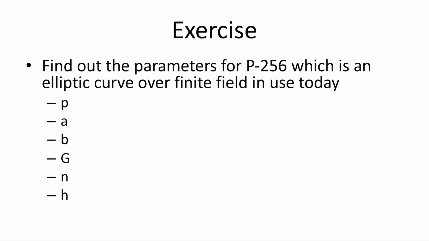So pause here and use Google to find the following parameters for P-256, which is an elliptic curve over a finite field in use today. It is also known as secp256r1 and prime256v1. These are all different names for the same elliptic curve. So just Google it and find out the values of all these parameters.